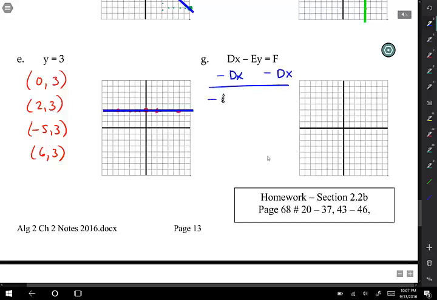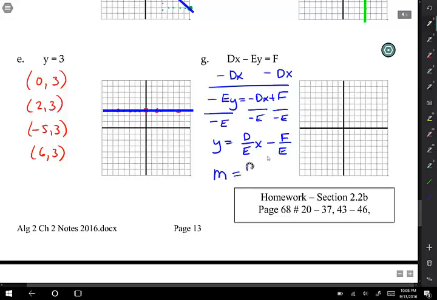That gives me negative ey equals negative dx plus f. Now we're going to divide both sides by negative e. That gives me y equals d over e x minus f over e. What is the slope? Hopefully you see it's d over e.